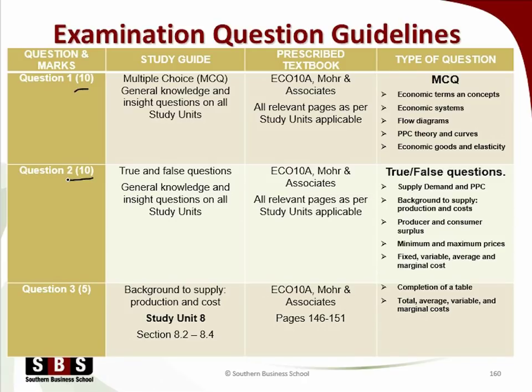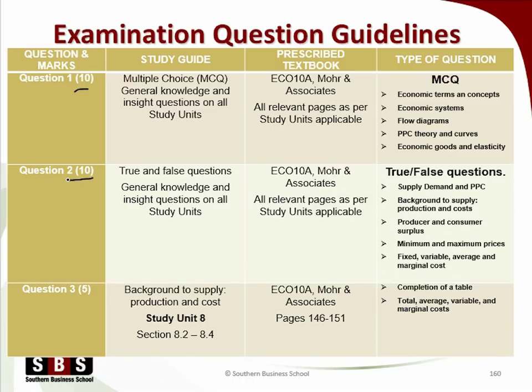So for question 1 are these focus points, question 2 are these focus points, for question 3, all right, this is typical, the completion of a table, as I said, to calculate the values. Sorry, I'll have to stand like this to see properly. You'll be given a few values, and we'll show you now how to calculate these values.